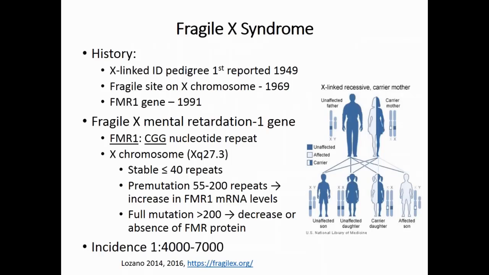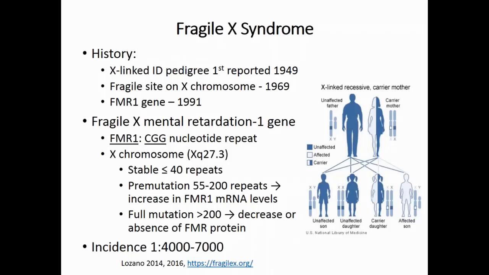So we'll switch to Fragile X syndrome. This is the most common cause of inherited intellectual disability. About 15 to 20% of all intellectual disability cases are X-linked, and among those, Fragile X is the most common. This was the first X-linked pedigree of intellectual disability that was reported, and that occurred in 1949.